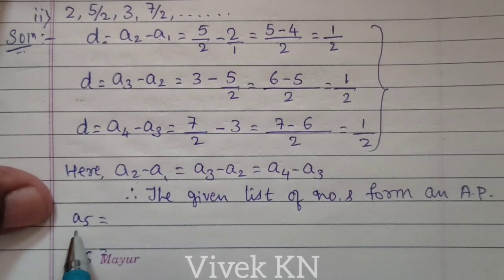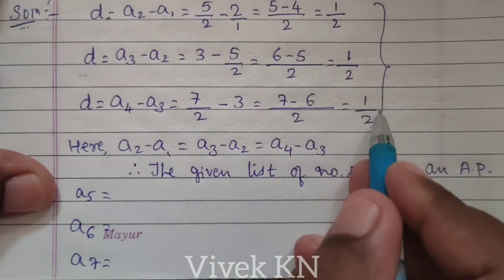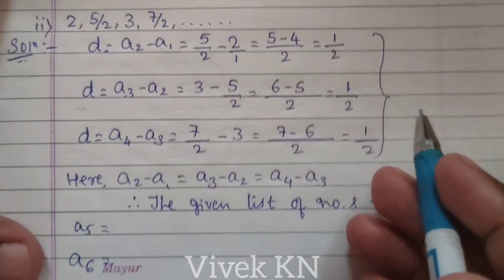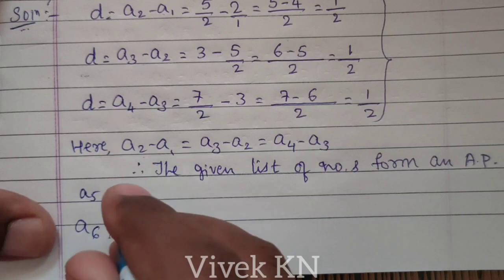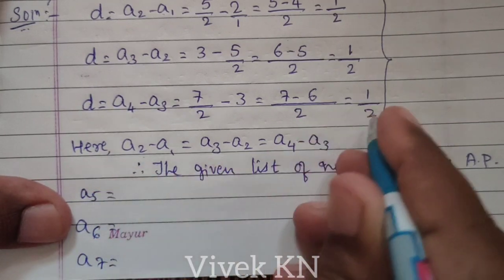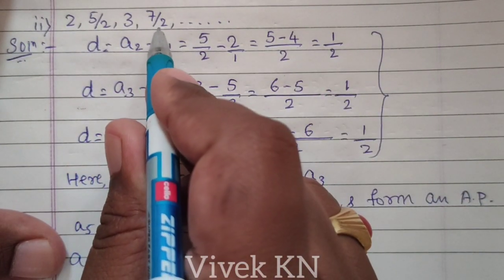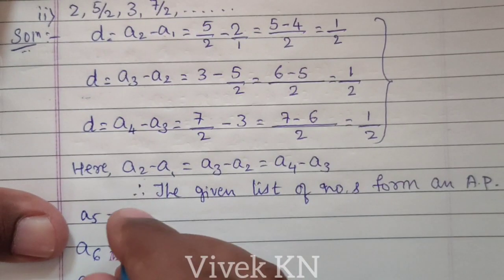To find A5, A6 and A7, we have to add this common difference to the preceding term. So A5 is obtained by adding common difference d to the preceding term. The preceding term is 7 by 2, that is A4.